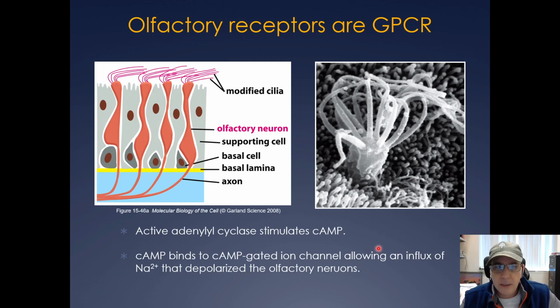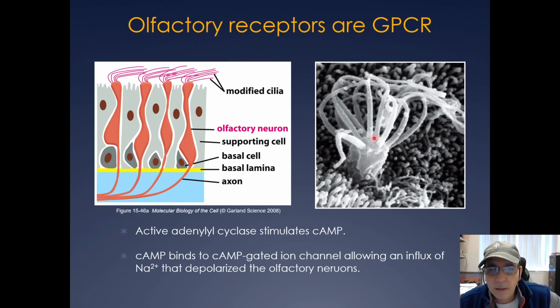Now, G-protein coupled receptors and adenylate cyclase are also important in sensing, okay? And so in your nasal passageway you have olfactory neurons, and here you can just see a nice scanning EM of one.